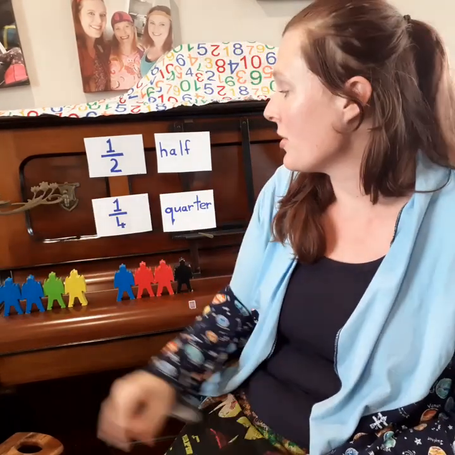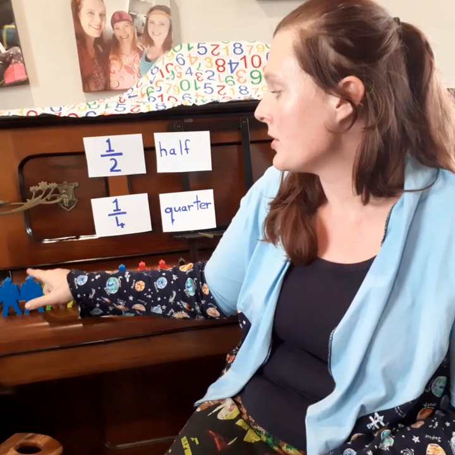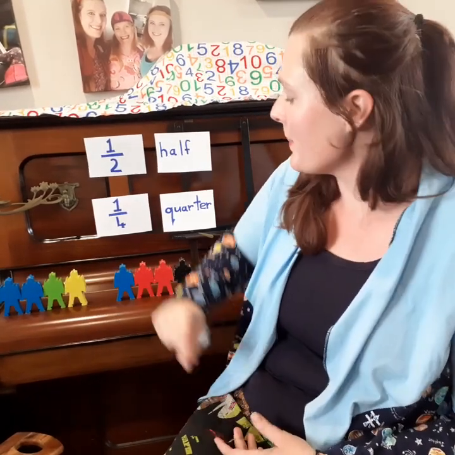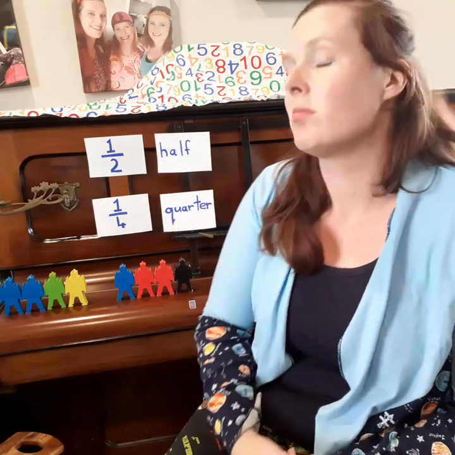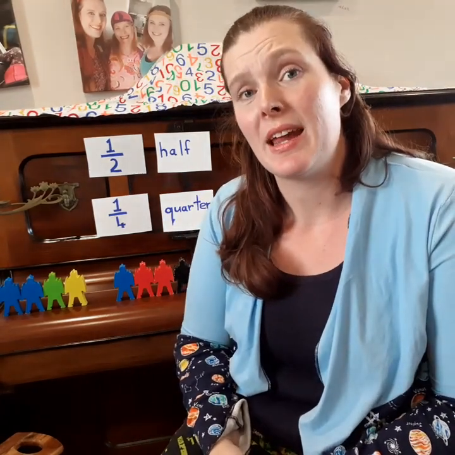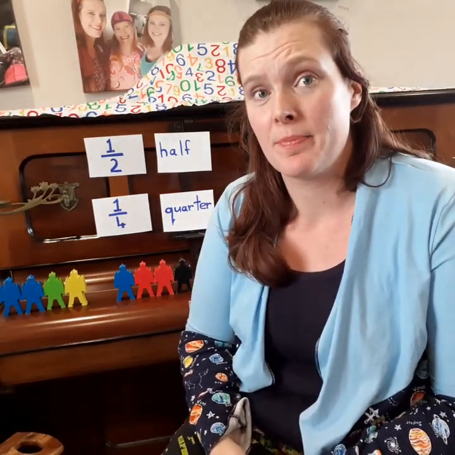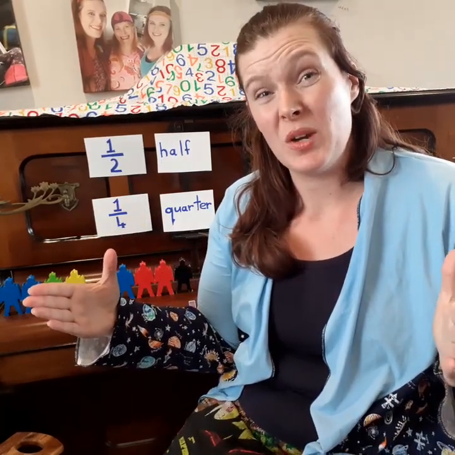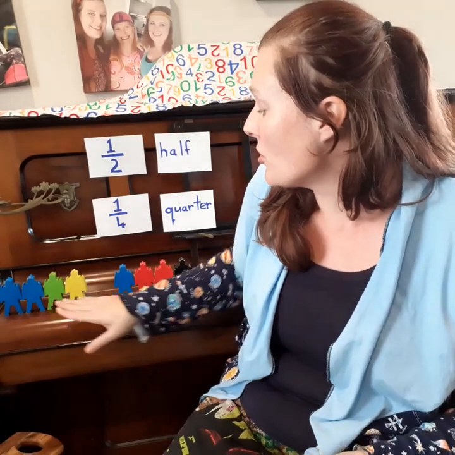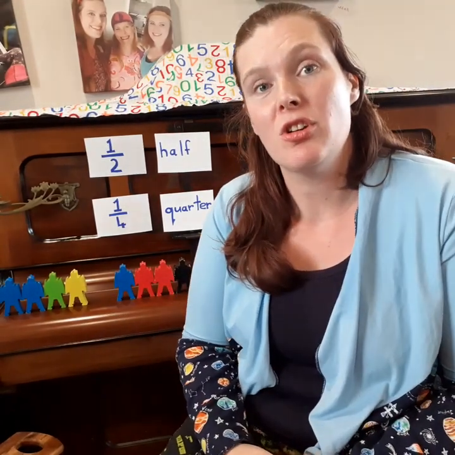Okay, so this group here has got 1, 2, 3, 4. And this group here has got 1, 2, 3, 4. So you remember at the beginning I had 8 toys. And when I split those 8 toys into 2 equal groups, I now have 4 toys in each group.